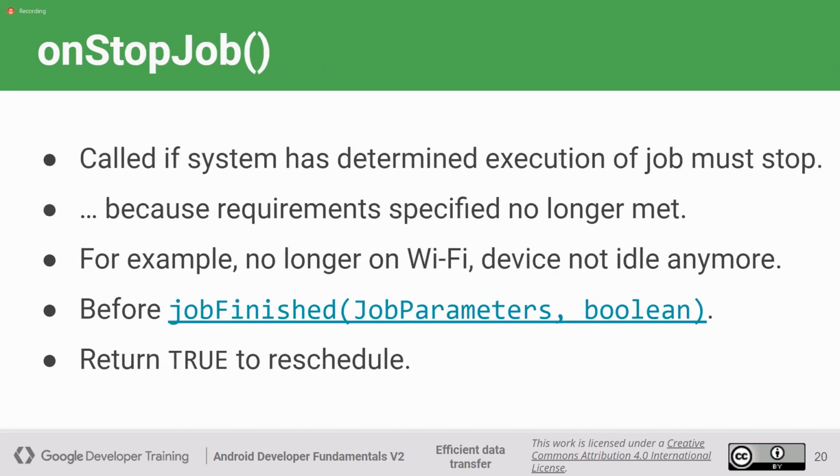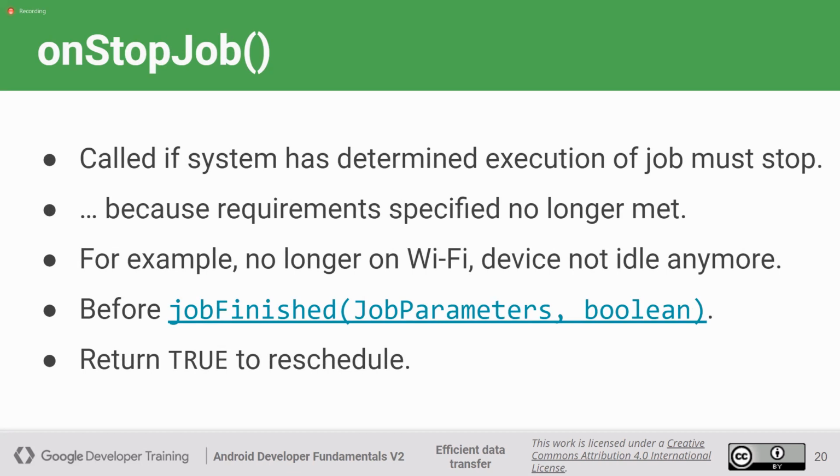Similar is the case with on stop job. Let us say you schedule the task. Your task is running. Suddenly, one of the parameters failed, or one of the conditions failed. The device is unplugged from charging.